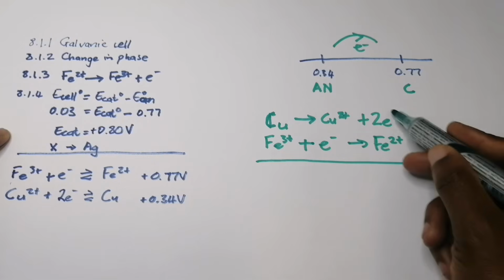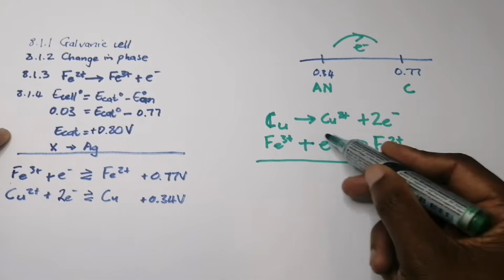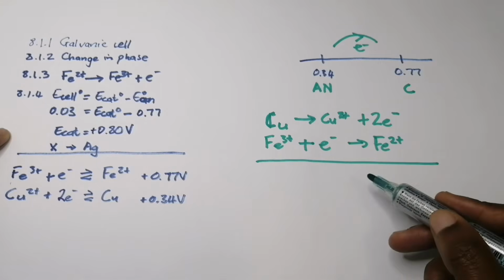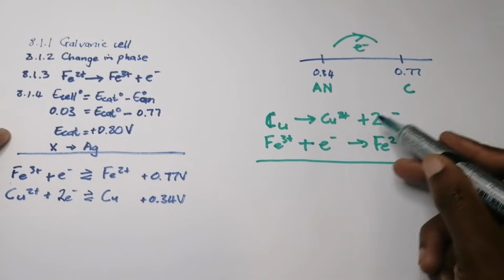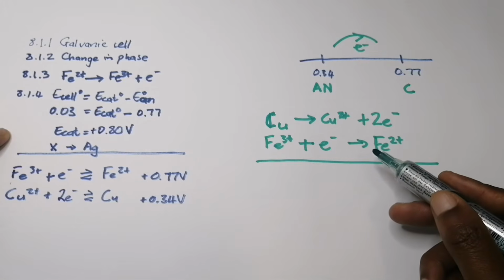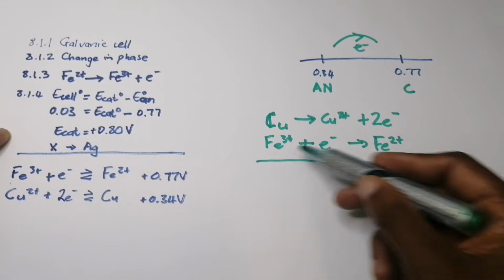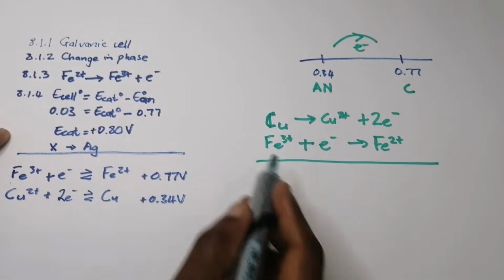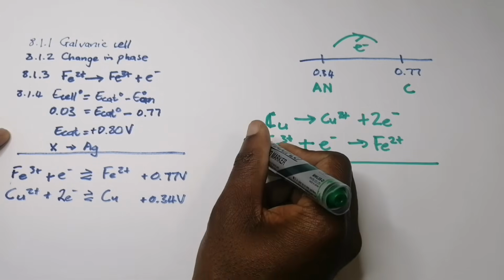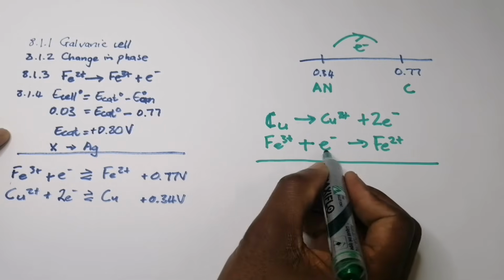Look at this. We've got 2 electrons that are given, but there's only one that's received. So we need to make sure that the number of electrons is exactly the same. What do we need to do to this one? We just need to multiply this by 2.